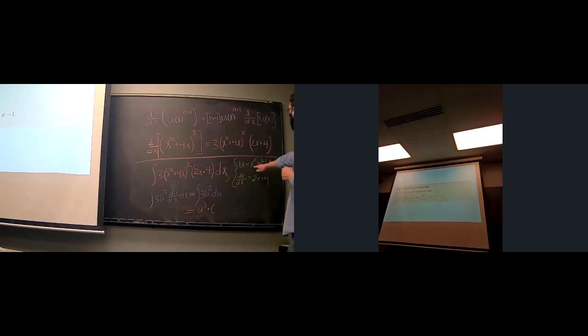We just said u is equal to x squared plus 4x. That's actually equal to x squared plus 4x, that quantity cubed, plus a constant.